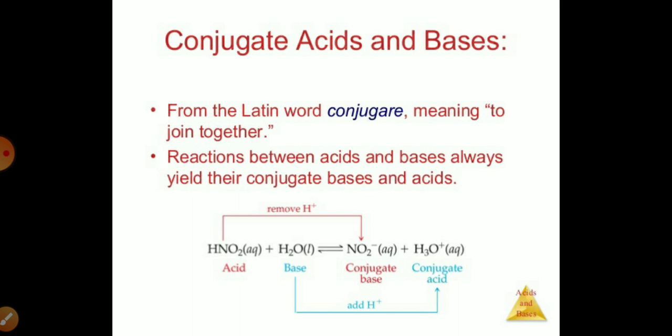So the acid is HNO3 and its conjugate base is NO2 negative, by the oxidation process, and the base is H2O and its conjugate acid is H3O plus, by the reduction.